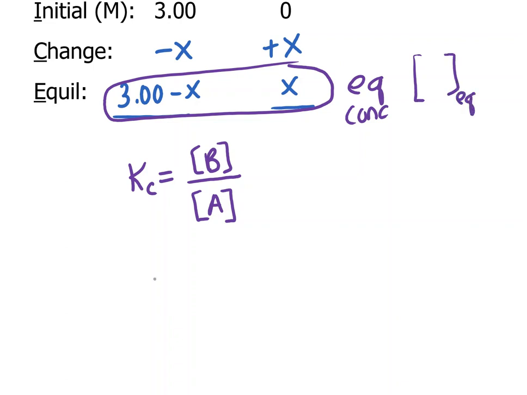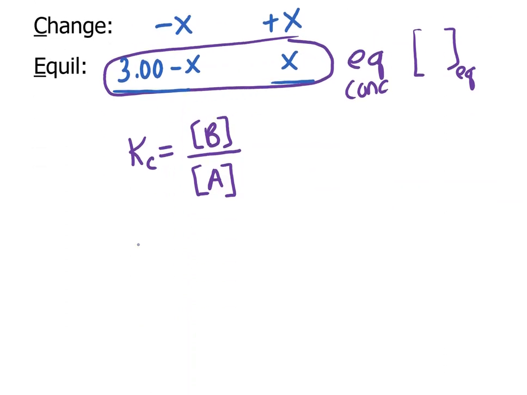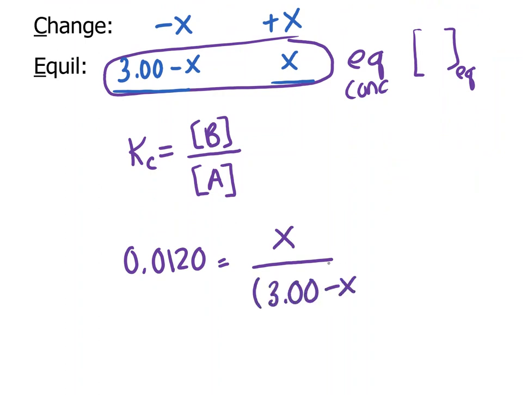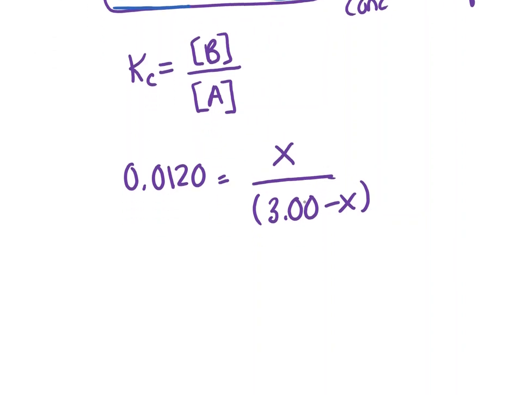So I'm going to plug those in. And actually, let's just go ahead and put our equilibrium constant here. We were given what it is. And then we're going to solve for X.